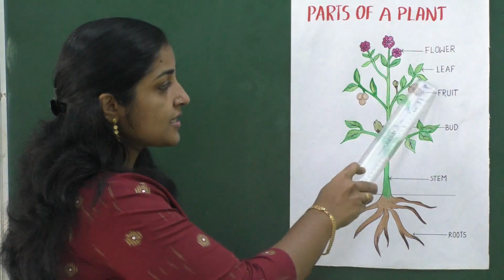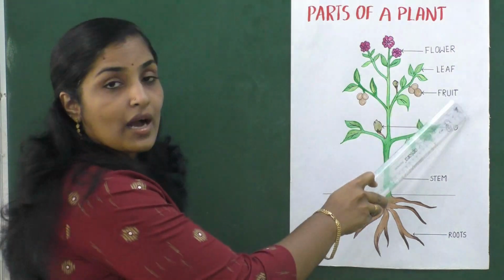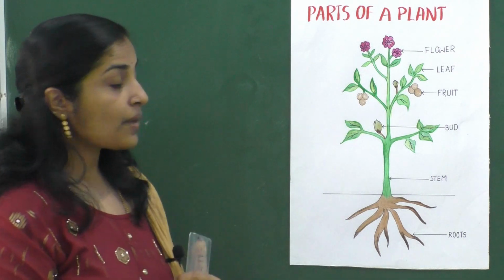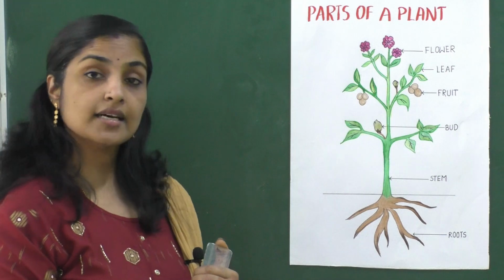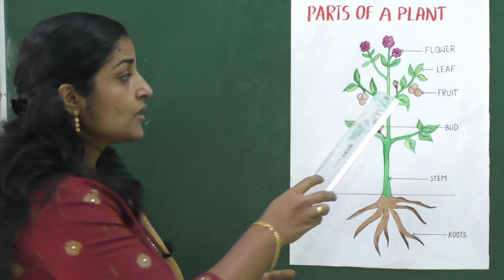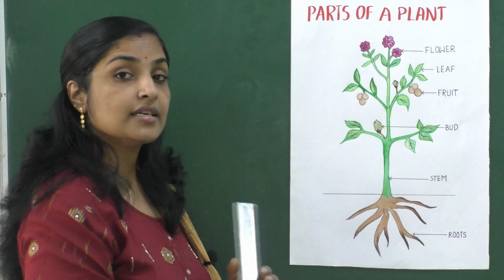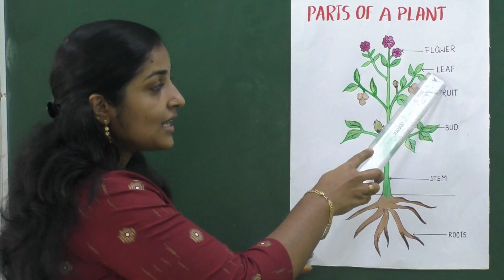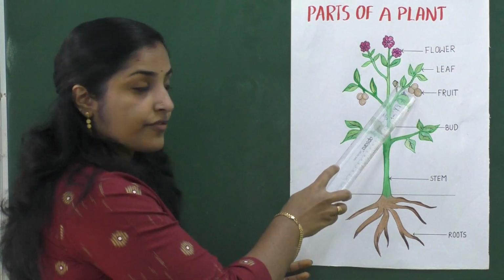Next one is fruits. F-R-U-I-T, fruit. A fruit is the part of a flowering plant which contains the seed. Next is leaf. L-E-A-F, leaf.